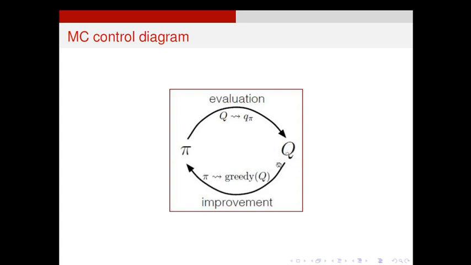Using these q values, I identify the action which has the maximum return. If that particular action is not included in this policy pi, I add that action into the policy. So the policy will change. That is policy improvement.